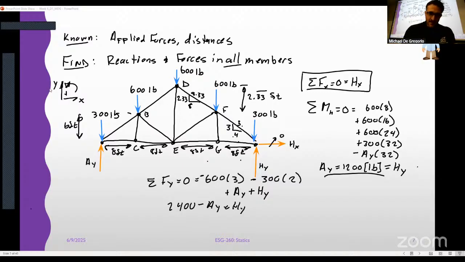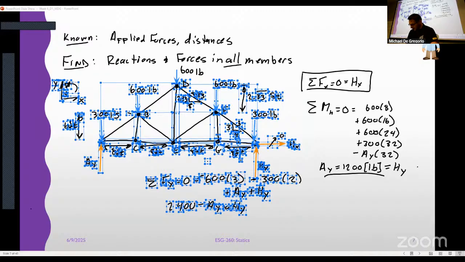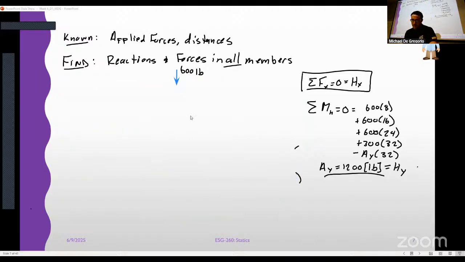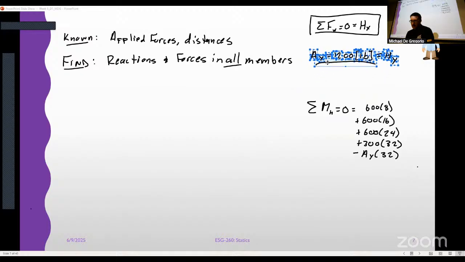Okay, so next thing. We are going to now start with our joint analysis, right? I'll save my reactions up here in case I want them. Here's what we need to do.